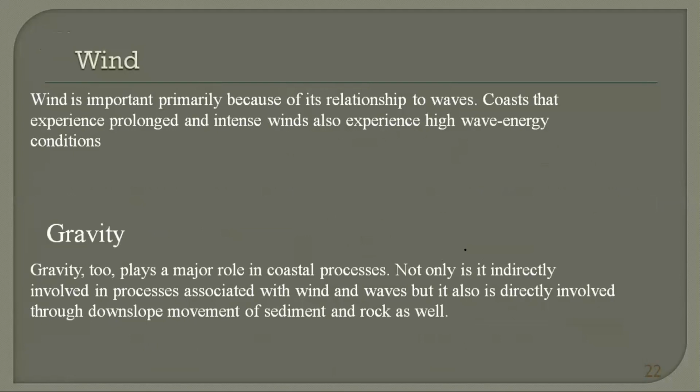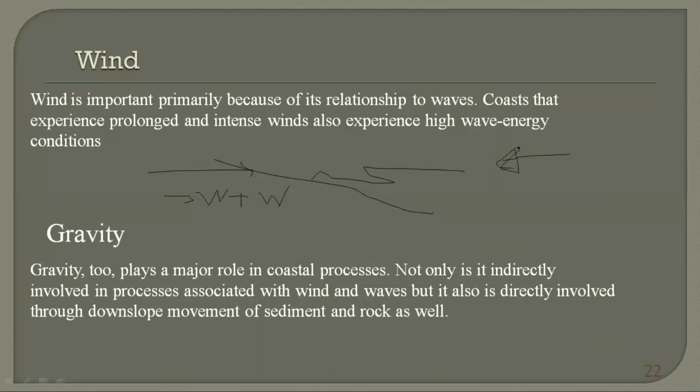Then comes wind. Wind is also very important, and it affects in two ways: directly and indirectly. Indirectly in the form of waves plus wind, and as you see, the waves are driven by the prevailing direction of the wind.